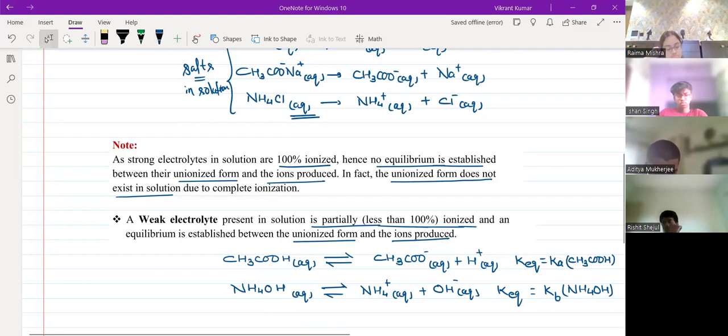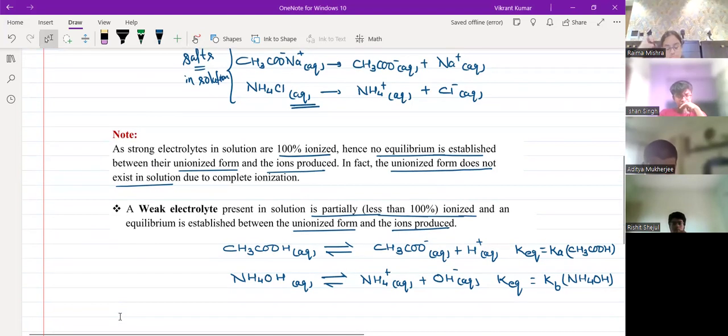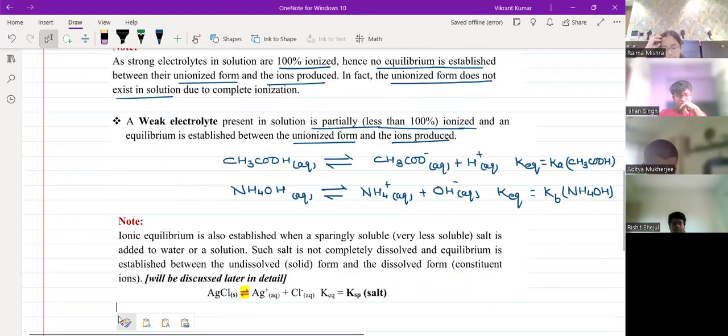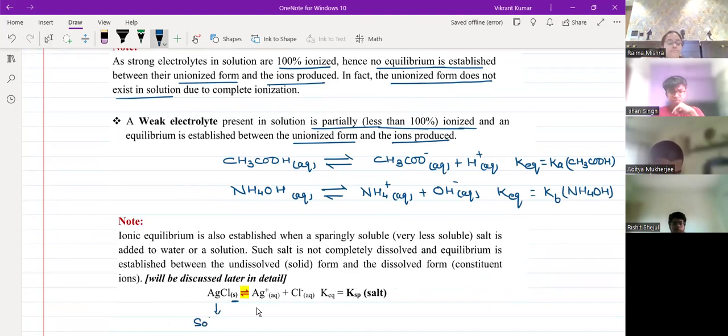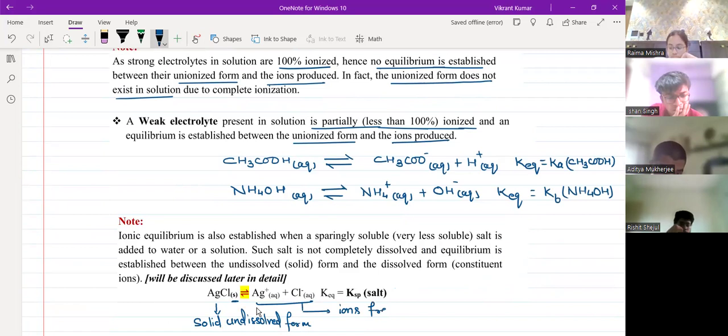For these salts also you'll be getting equilibrium, but that equilibrium will be between the solid undissolved form and the ions which are in the dissolved form. Like I told you, AgCl solid, this is the solid undissolved form, and these are ions from the dissolved form.